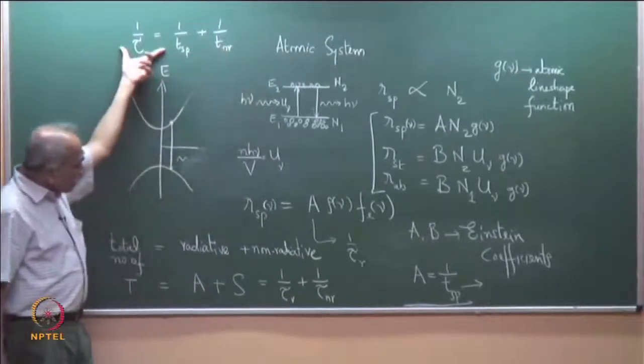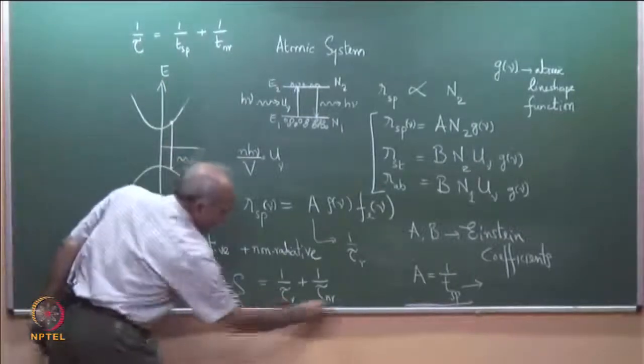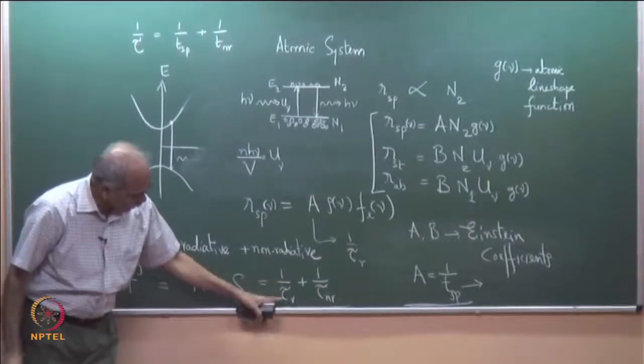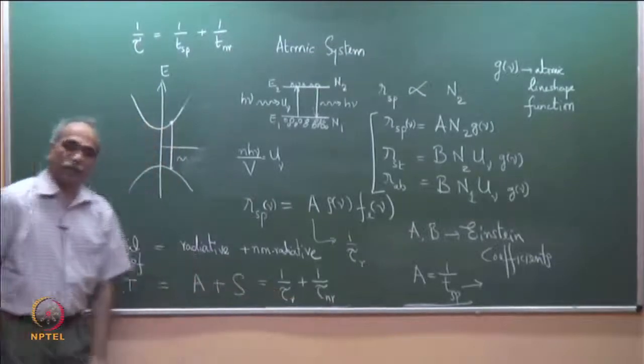It is the same relation that we have in a semiconductor, that 1 over tau, the lifetime, is equal to 1 over the radiative lifetime plus 1 over the non-radiative lifetime.